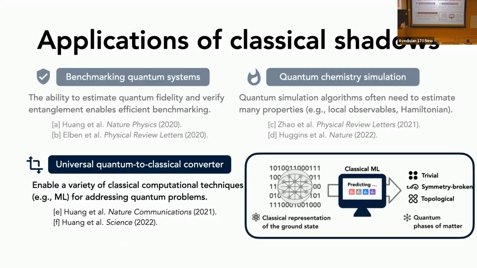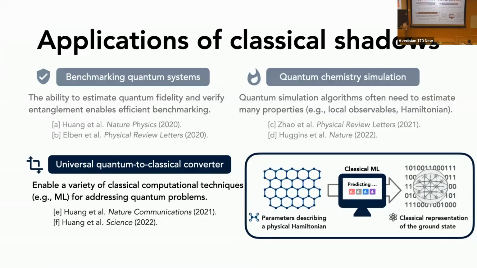So I'm going to dive into that a little bit later. Some of the examples include: given some classical representation of a ground state, so that grayish is essentially the classical shadow representation of some quantum system, we can feed it into a classical ML and show that it can accurately classify quantum phases of matter.